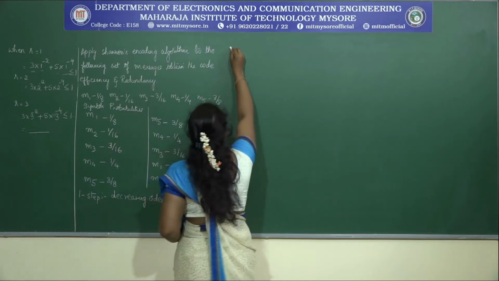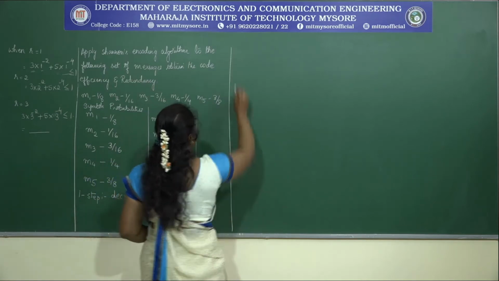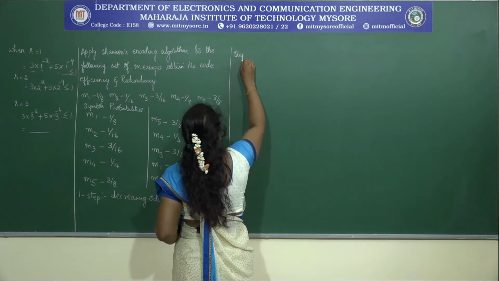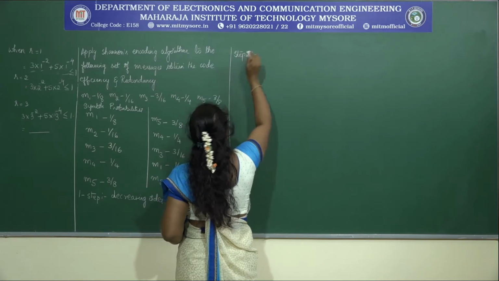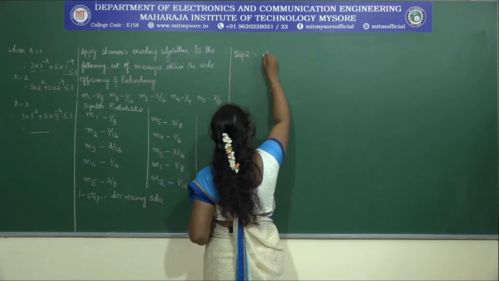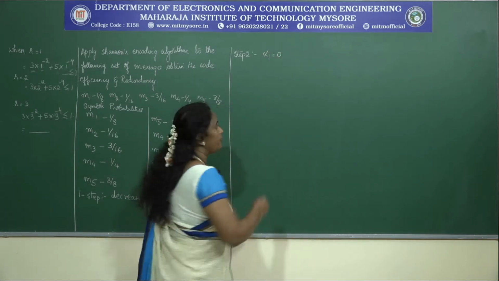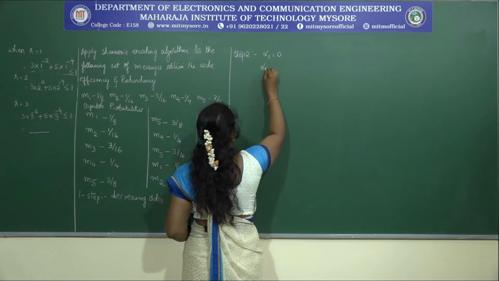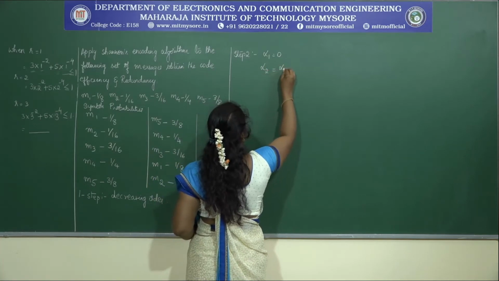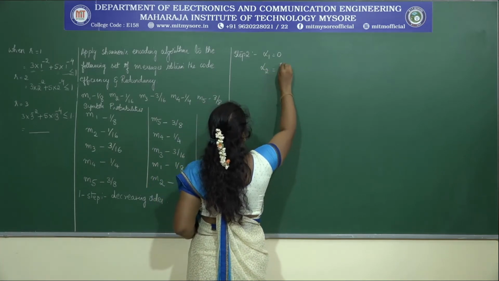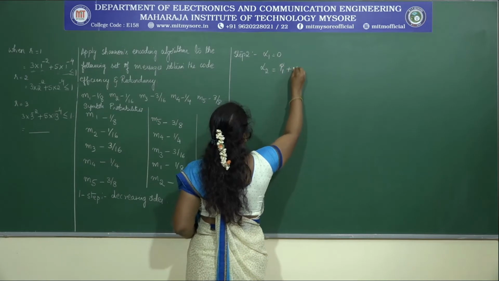That is step 2: compute the sequences. In computing the sequences, in general we consider alpha 1 to be equal to 0. Next we need to find alpha 2, where alpha 2 is equal to P1 plus alpha 1.